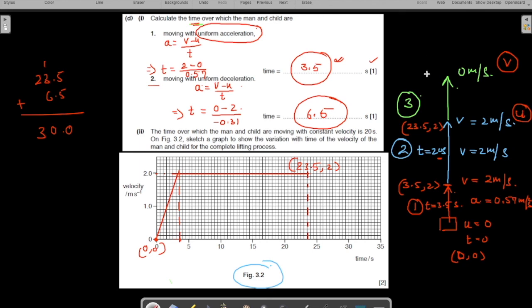So what should be the last coordinate? 30, and finally the velocity at the 30th second is 0. Right? So this completes your picture. So that's your final graph. The red solid lines that you see here are the final graph for the entire motion, the velocity time graph for the entire situation described in the question.